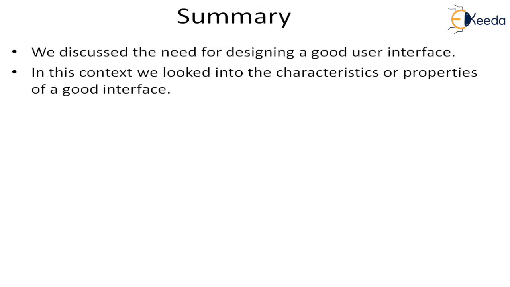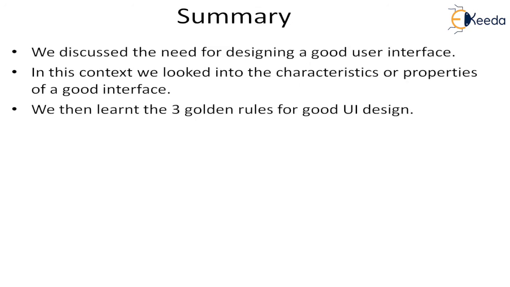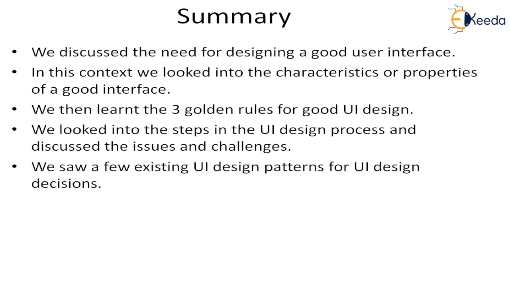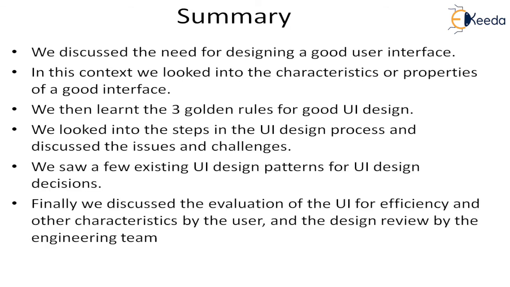So we have come to the end of this lesson. Summarizing, we have seen the need for designing a good user interface, because it is the first impression of the user, and if it is not good, then the user doesn't find the software good. In this context, we also looked into the characteristics and properties of a good user interface.